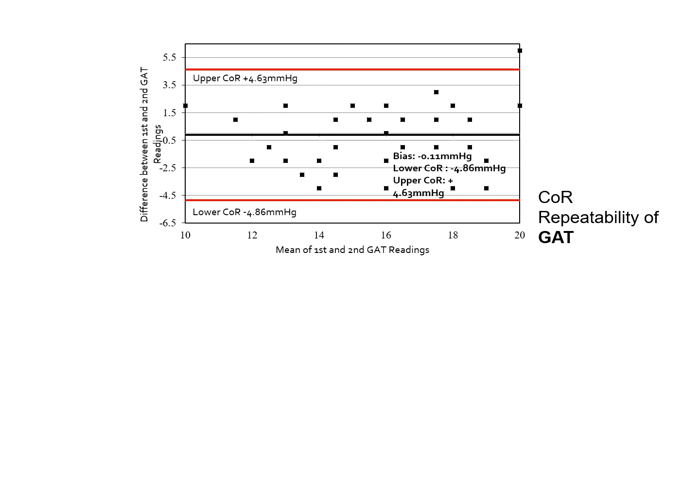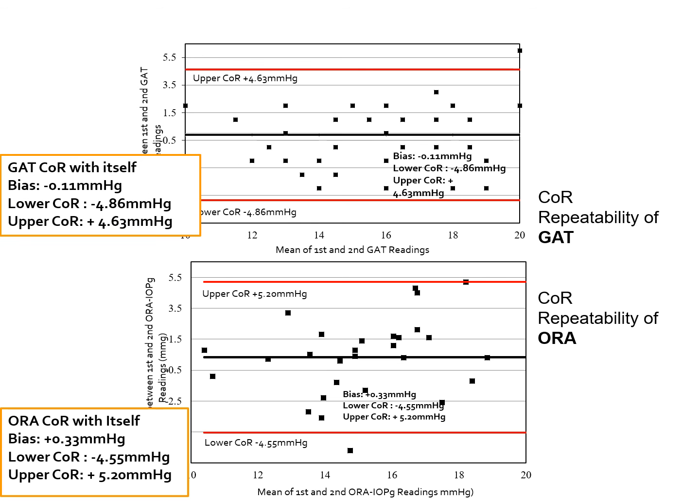But what's important is the correlation of repeatability is pretty much plus or minus 5 millimeters of mercury. And the correlation of repeatability of the ORA is, quite frankly, equally bad. It's again pretty much plus or minus 5. You'd think perhaps because it was an objective machine it might be better, but it's still pretty wild.